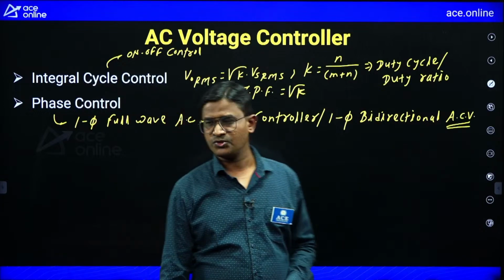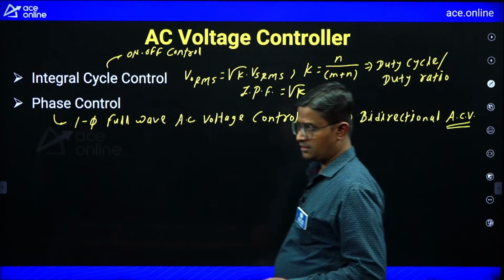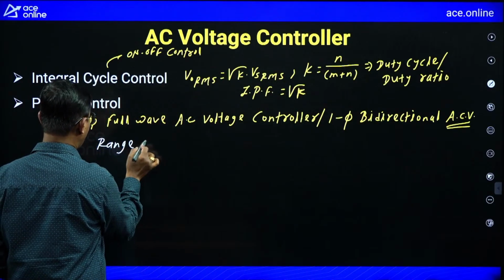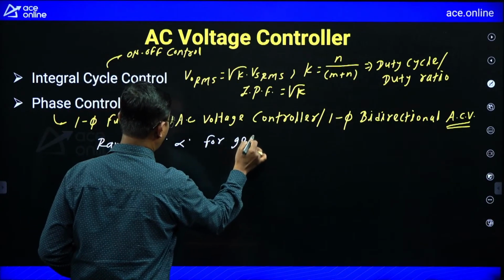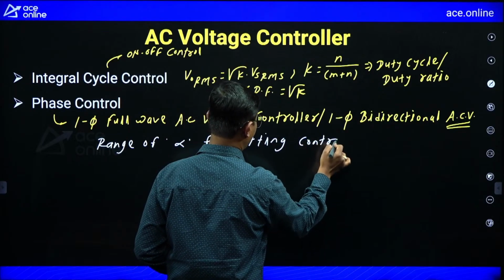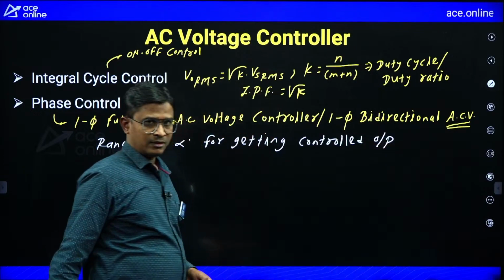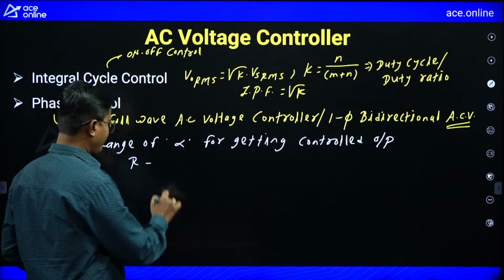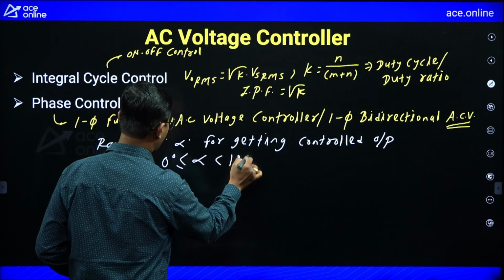In this we have the range of firing angle alpha for getting controlled output. If the load is resistive, what is the range of firing angle? 0 degree less than or equal to alpha less than 180 degree.